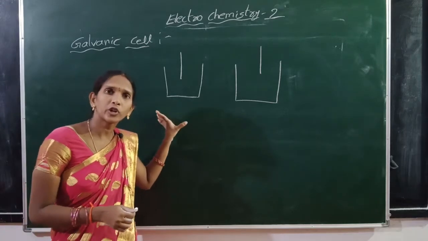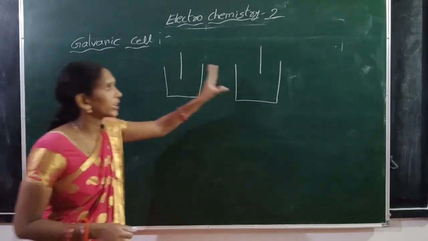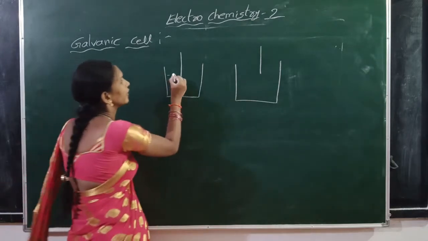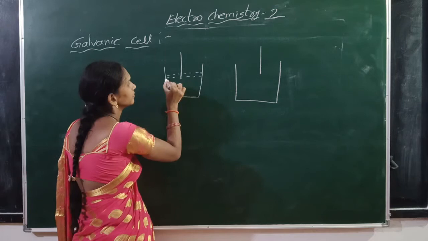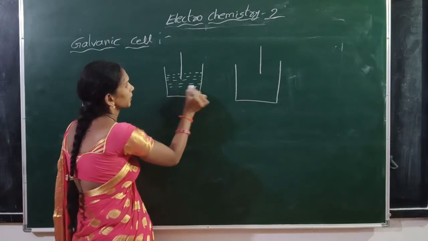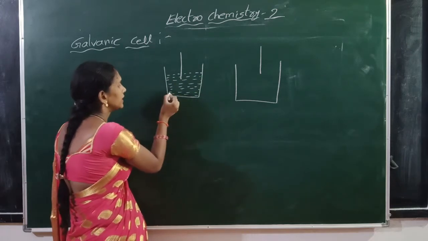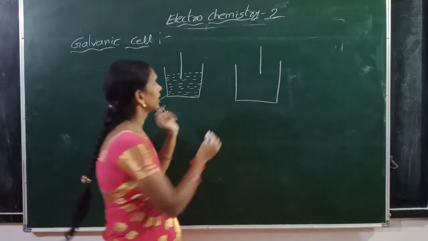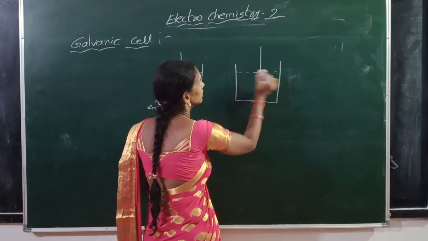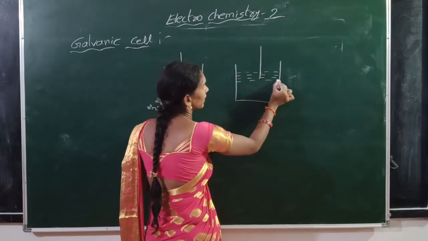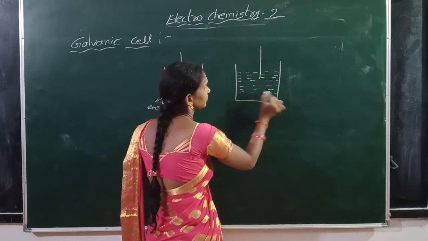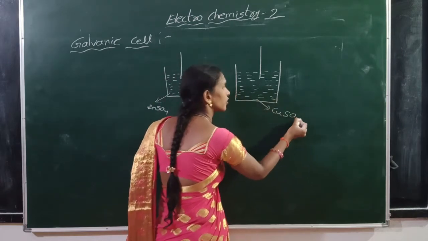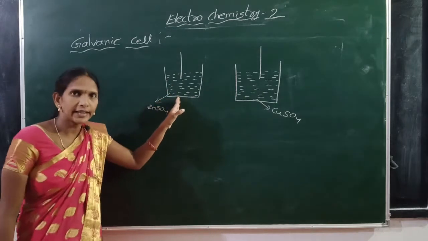Two electrodes are dipped in different containers having different electrolytes. This is ZnSO4 solution. This is copper sulfate solution, CuSO4.